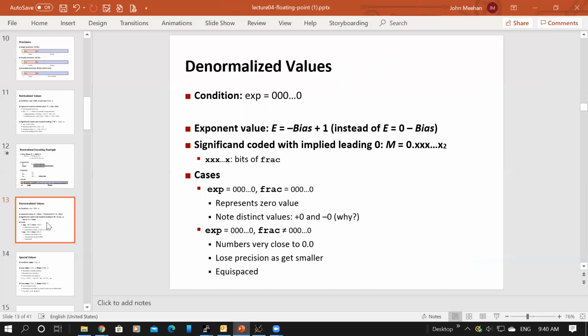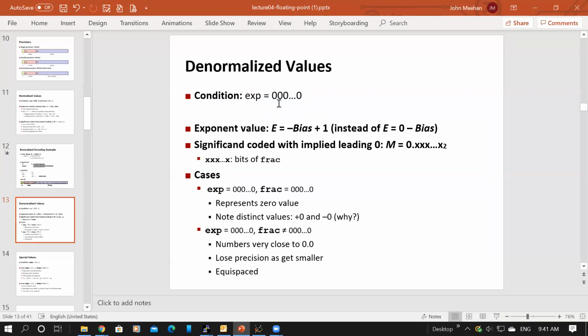The other one, when it's all ones, is our special values case. So the denormalized representation of these numbers is going to be EXP all zero. And the way you interpret the meaning of the EXP field is different now from the way you interpret it in normalized form.